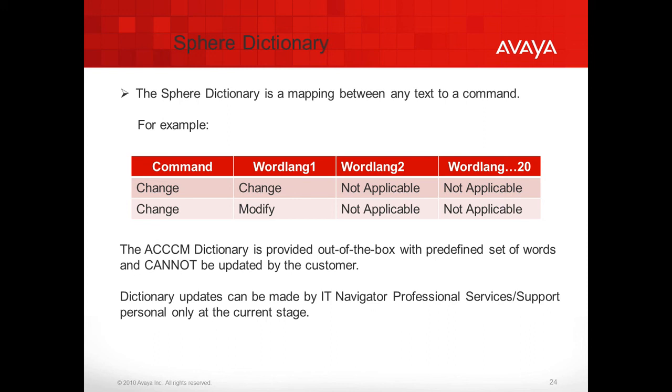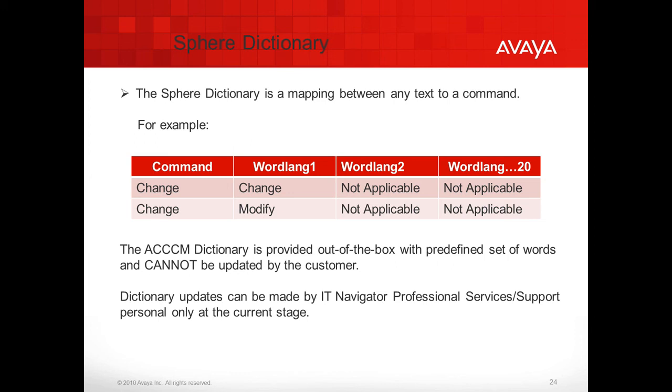So if you issue an update within Control Sphere, in the backend the system will translate that update into a change command in Avaya, because again, not all business users know that the specific command that needs to be issued is a change. So our dictionary includes a quite extensive translation between common language and a technical term or a technical command we're going to issue into the Communication Manager or the CMS itself.